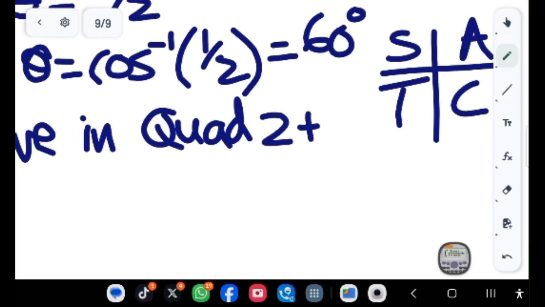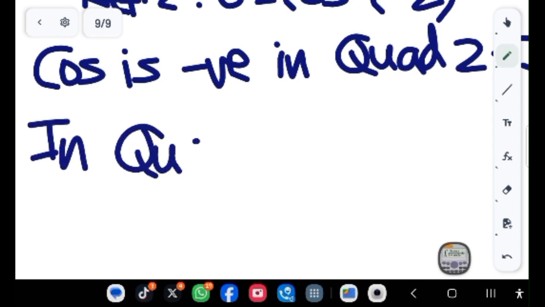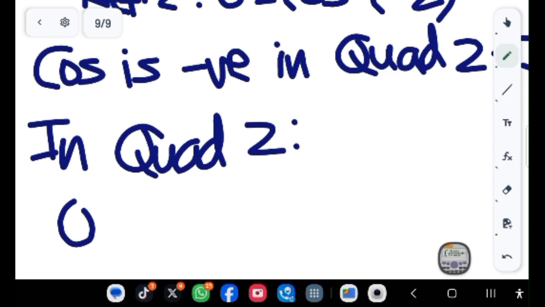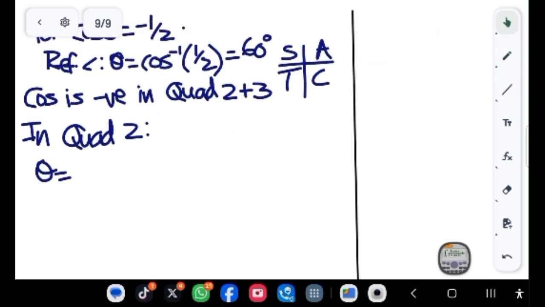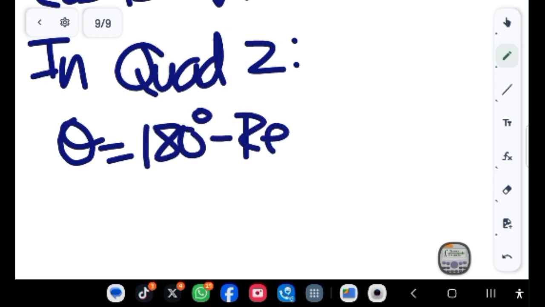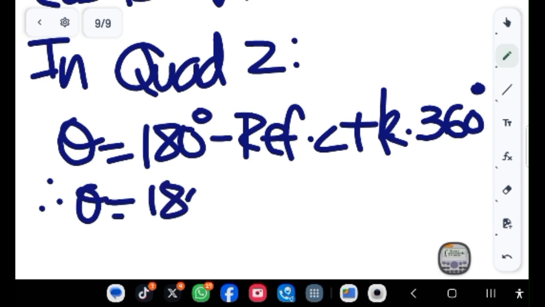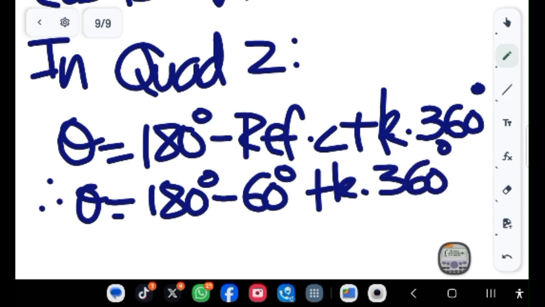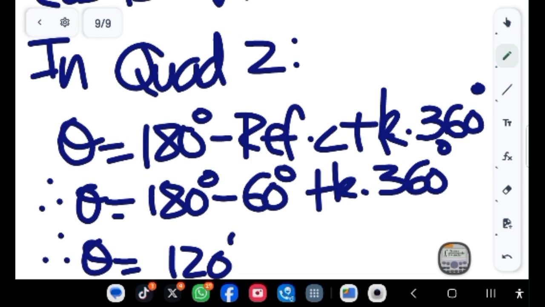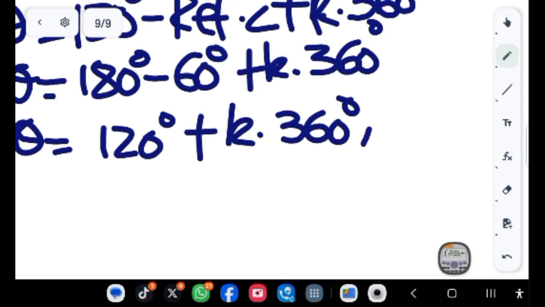In quadrant 2, our angle is expressed as 180 minus theta. So that's 180 minus 60 degrees plus k times 360, and that leaves us with an angle of 120 degrees plus k times 360 degrees, where k is an element of integers.